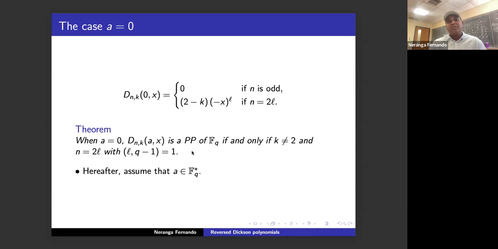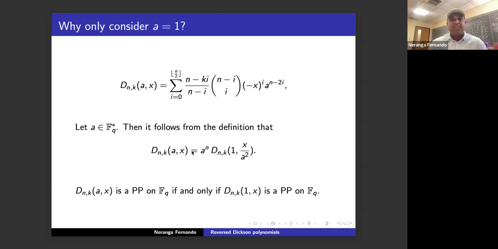The nice thing about non-zero parameters is that I was able to show that when a is non-zero, you don't have to consider all the non-zero values of a in the finite field. You only have to consider the case a is equal to 1 to discuss the permutation property. Using the explicit expression, you can show that D_{n,k}(ax) is simply this, the right-hand side.